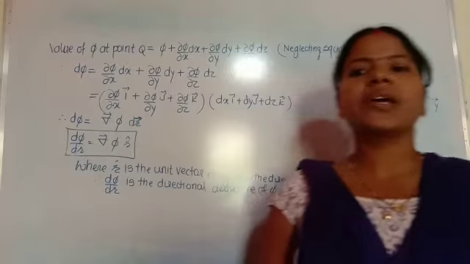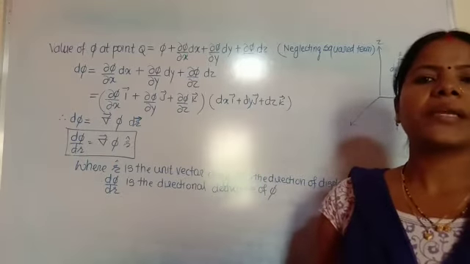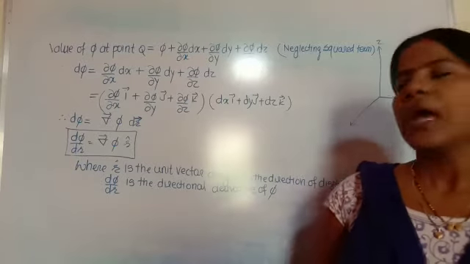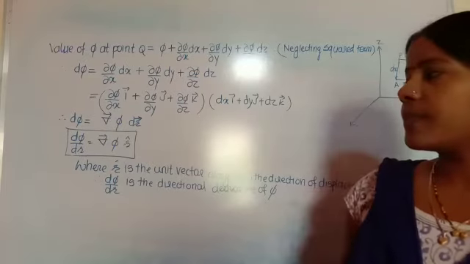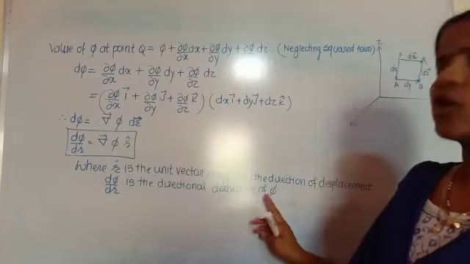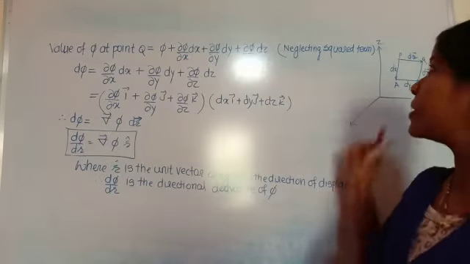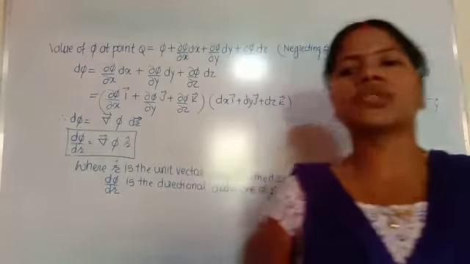Therefore we define the gradient of scalar phi as a vector field, the magnitude of which is equal to the maximum rate of change of phi, and the direction of which is the same as the direction of the displacement along which the rate of change of phi is maximum. That means the direction of displacement along PQ. Okay. So this is the physical significance of grad.